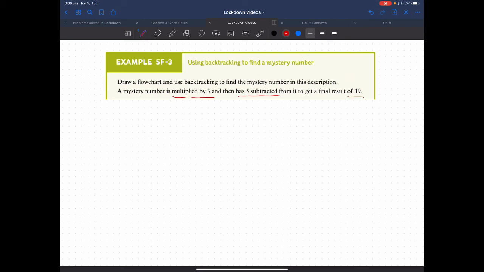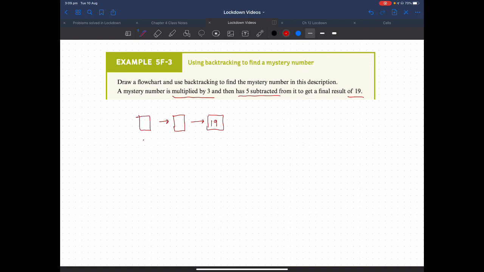So it's told us the final result is 19. There have been 2 operations that have occurred. So that means I need to find 2 other numbers.